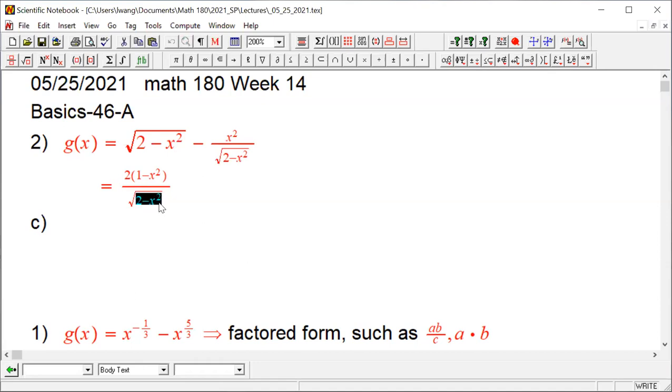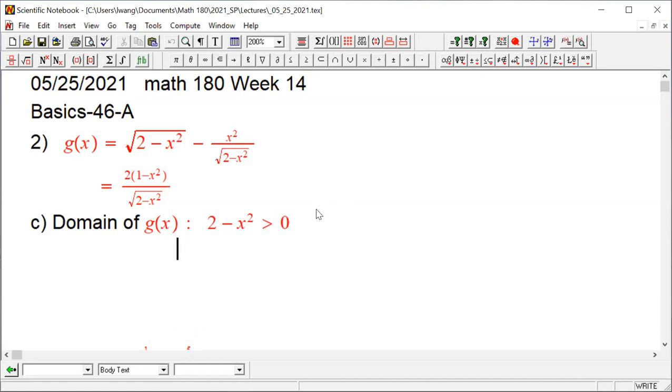To determine the domain, you just have to set up 2 minus x squared has to be larger than 0. All the other values is where G is undefined. So first you basically determine the domain of G. You want to tell the reader, give them some kind of guide for them to read your work. We determine the domain of G, and then what?